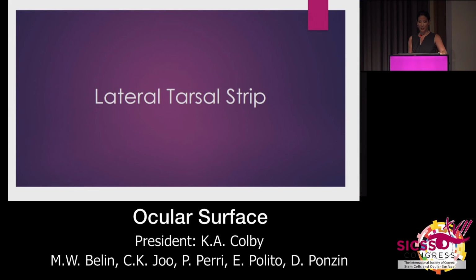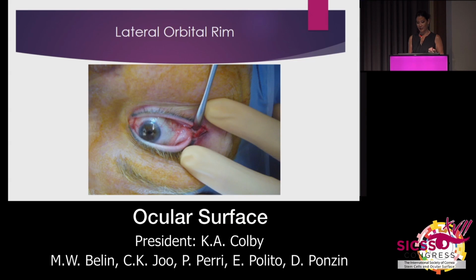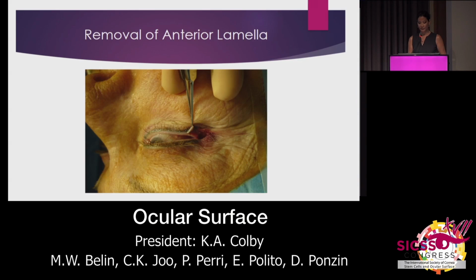We're going to talk about first lateral tarsal strip, and I'll show you the steps briefly. So I do these under local anesthesia, just a lateral canthotomy with Stevens scissors. I dissect down to the orbital rim. I separate the anterior lamella from the posterior lamella, so I just take my Westcott scissors and dissect between skin and orbicularis right on top of tarsal plate.